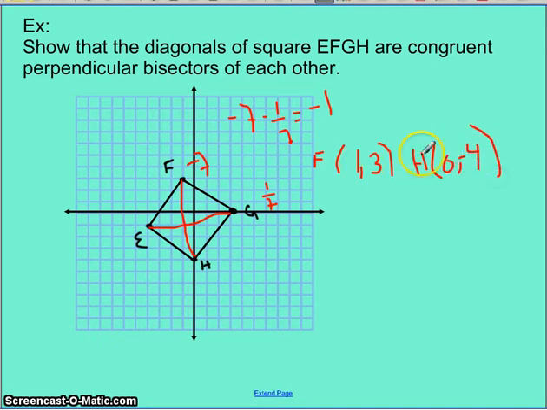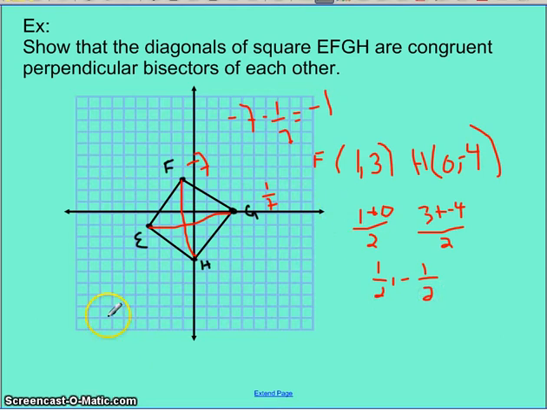So if I add the x's together, that would be 1 plus 0 divided by 2, which would be 1/2. And then if I add the y's together, that would be 3 plus -4, giving me -1 divided by 2, which is -1/2.